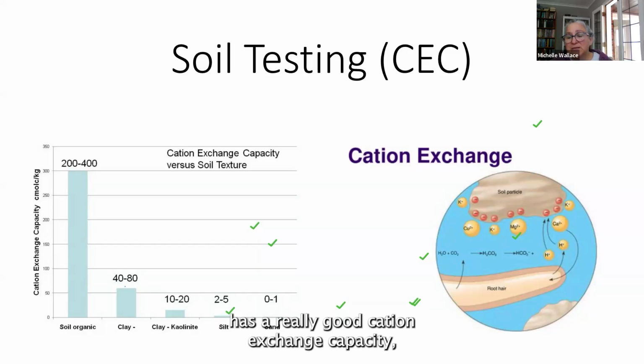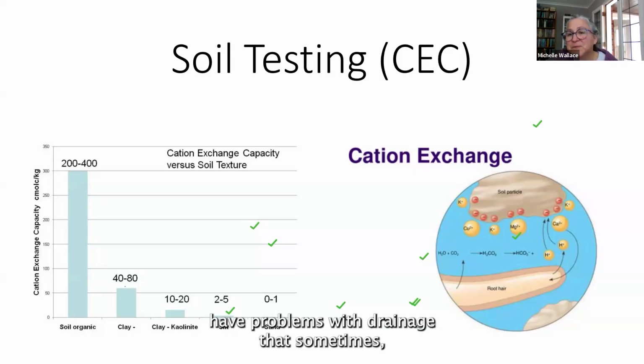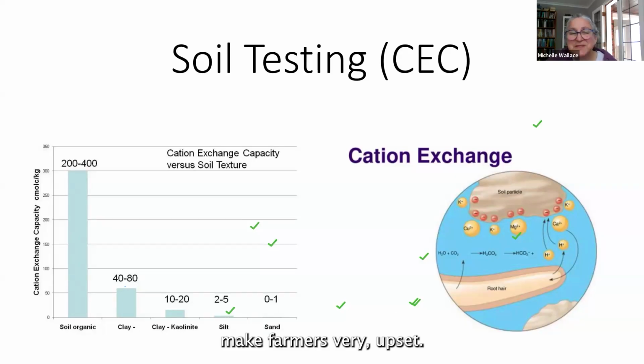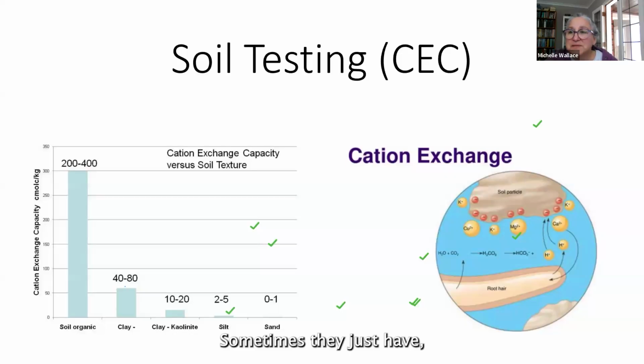Clay has a really good cation exchange capacity, and sand is very poor in cation exchange capacity. So even though clay soils have problems with drainage that sometimes make farmers very upset, they do have a good amount of nutrients in them. Sometimes they just have a hard time draining water.